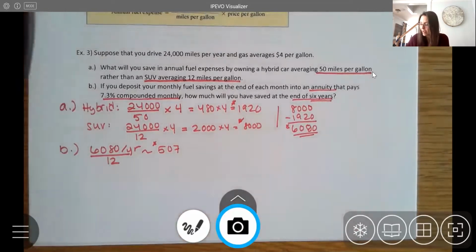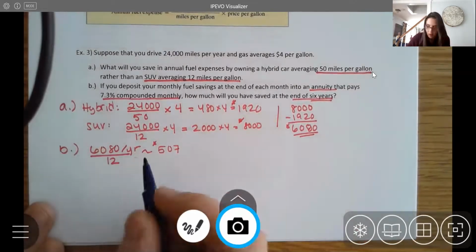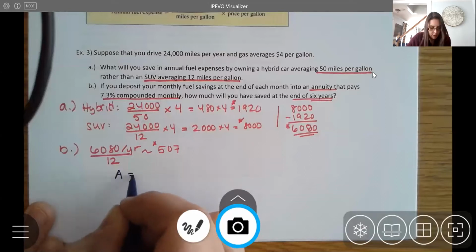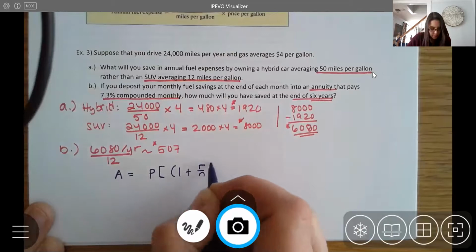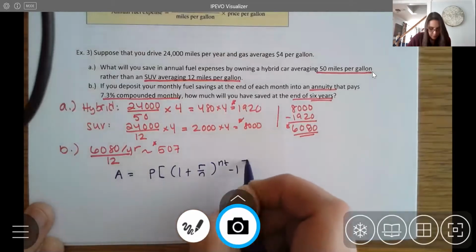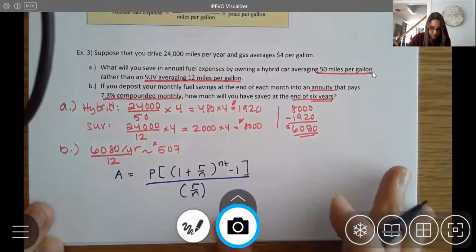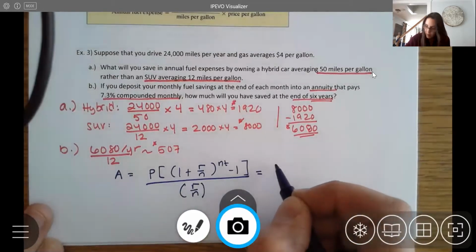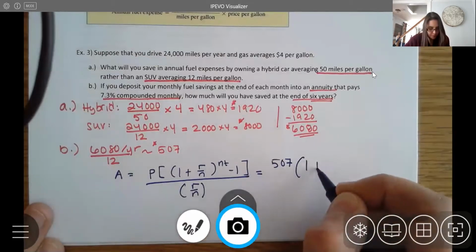Now, you do have to go back and remember your formula for your annuities from a couple videos ago. So our formula for the annuity is this here. So I'm going to rewrite it for us. Okay. So in this case, my P is going to be the 507 that I'm going to invest, that we're going to save.